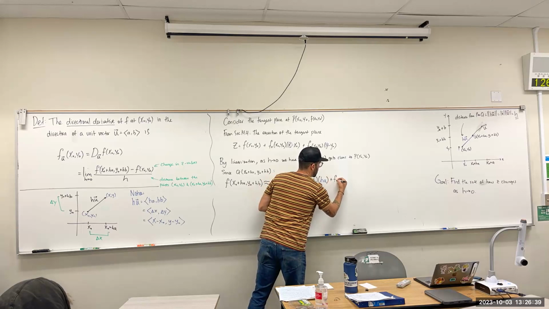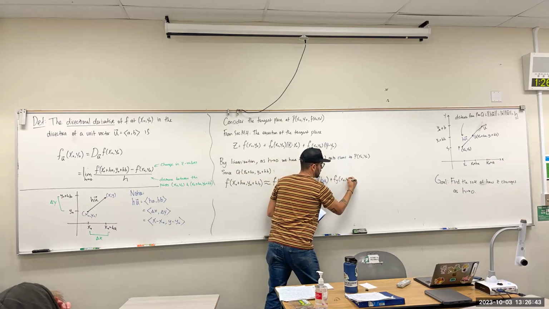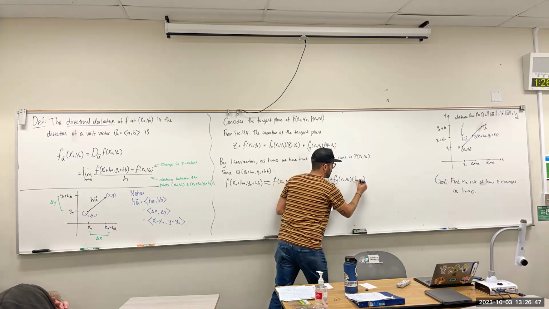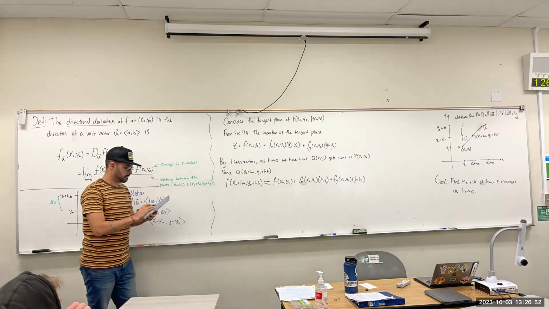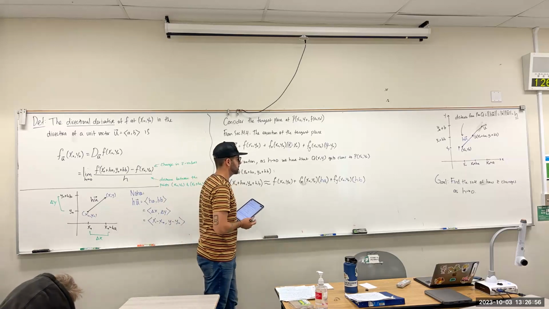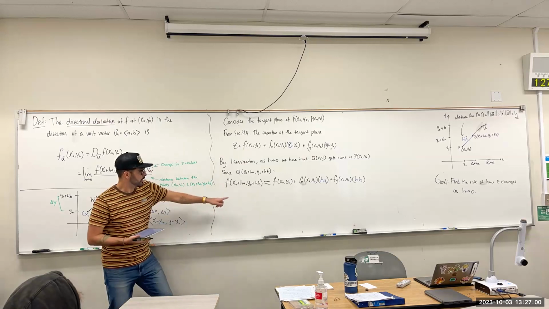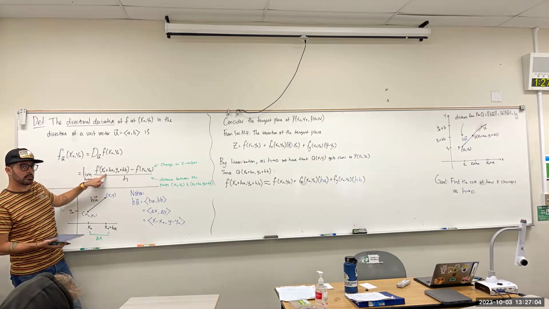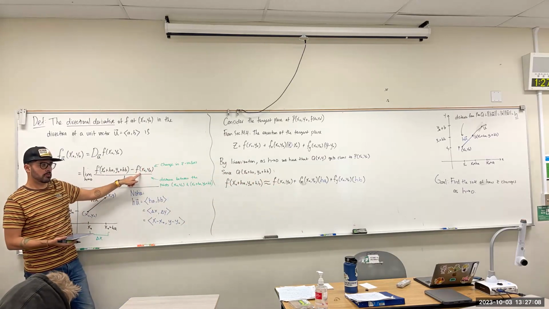And then now we're going to plug in the y coordinate of that point into this, and that's going to give me hb. Do you guys see how this one is this one in the limit definition, and this one is this one in the limit definition?